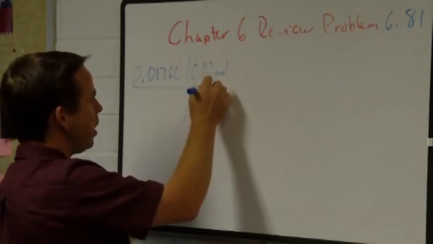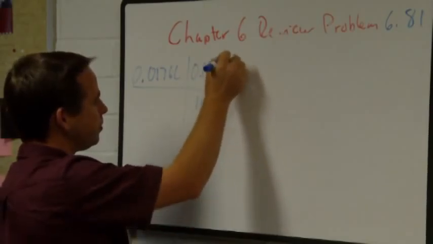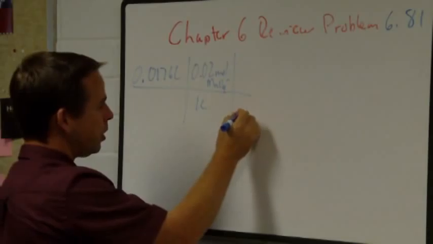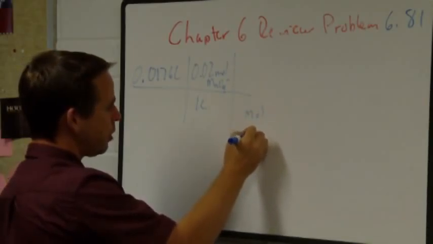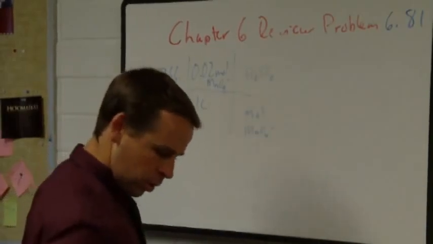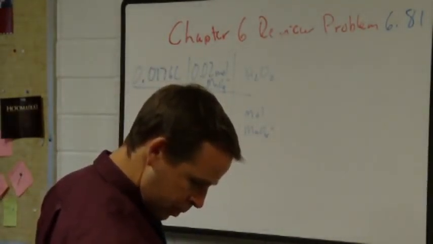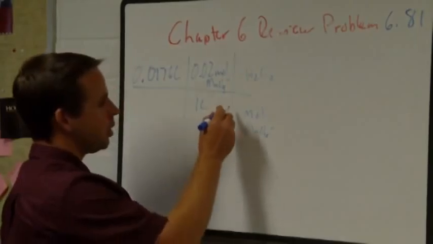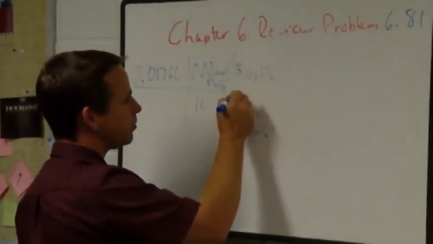And this is the MnO4-. For every 2 moles of MnO4-, there were 5 moles of hydrogen peroxide.